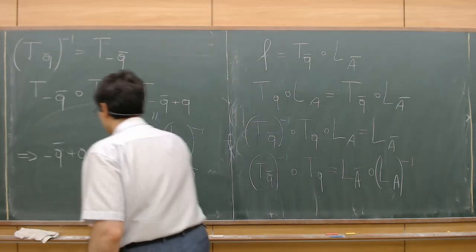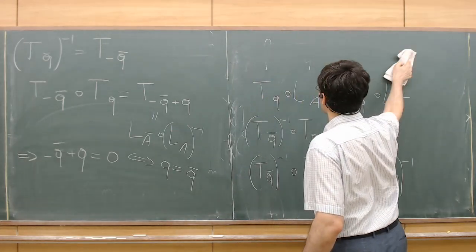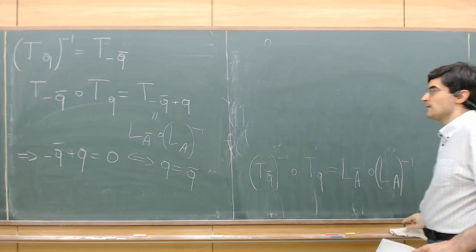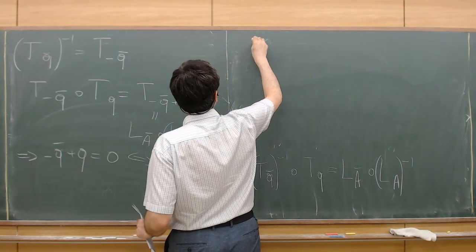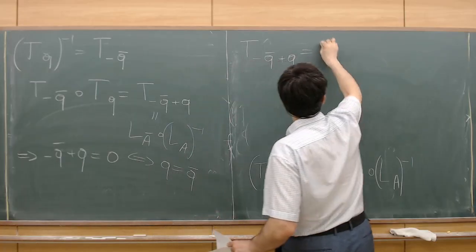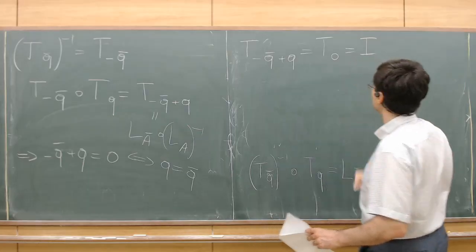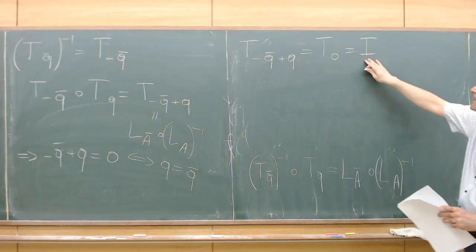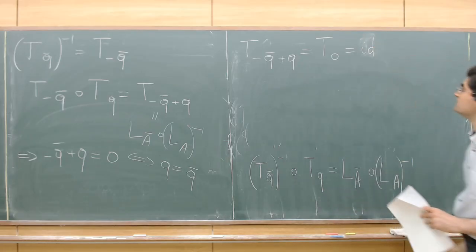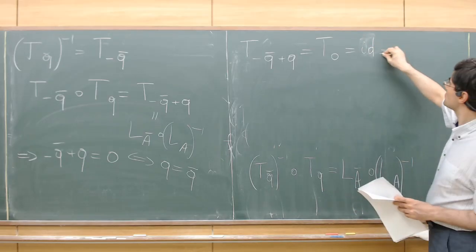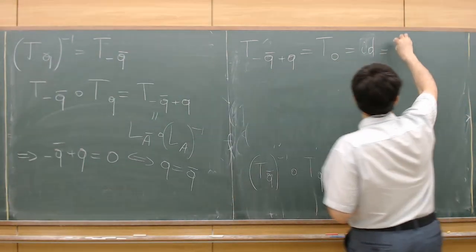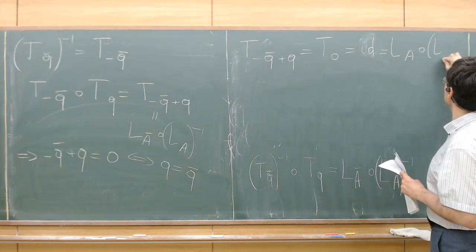So we proved that T minus Q bar plus Q reduces to T0, that is identity. The identity function. So the identity function must coincide also with this transformation here, LA composed with the inverse of LA.